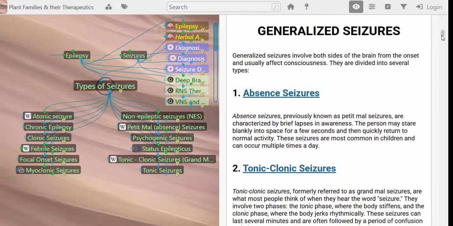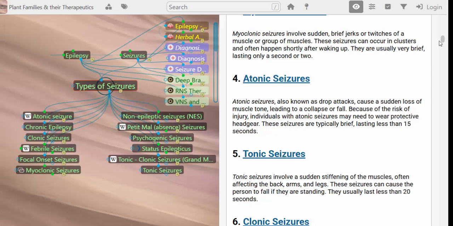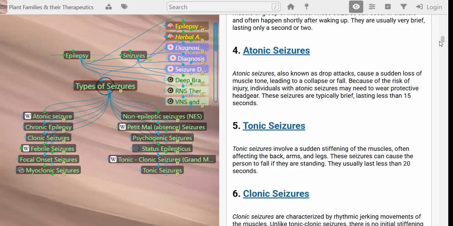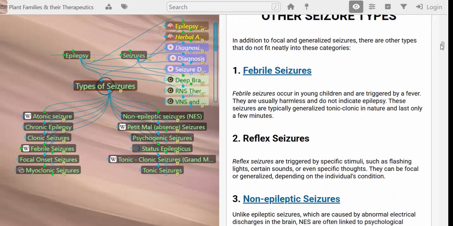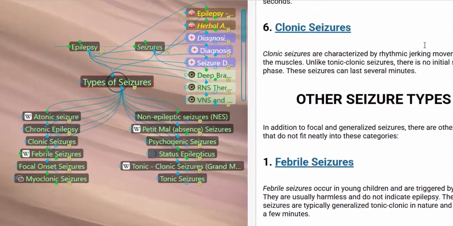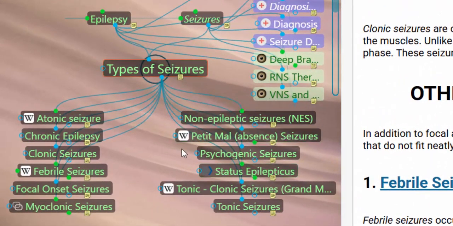We've already touched on these. But there are other types. Febrile seizures, that's when you have a high fever. Reflex and non-epileptic seizures. Now, if we look again on the left, all of these are different types of seizures.